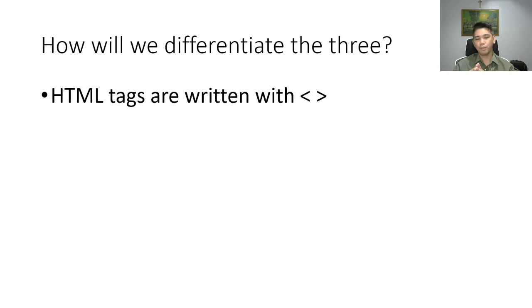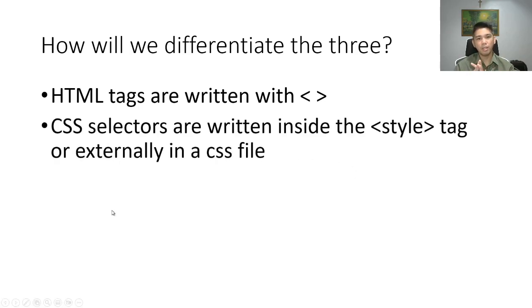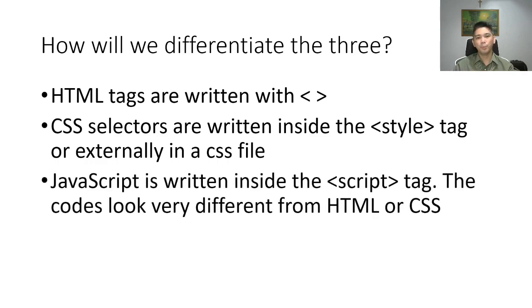So whenever you see those symbols, most probably they are HTML. Now, CSS is written inside a style tag, or it may be written externally in a CSS file. Now, JavaScript, we are going to place every code that we write in JavaScript inside a tag called script. And basically, the look of the code is very, very different from HTML and CSS.